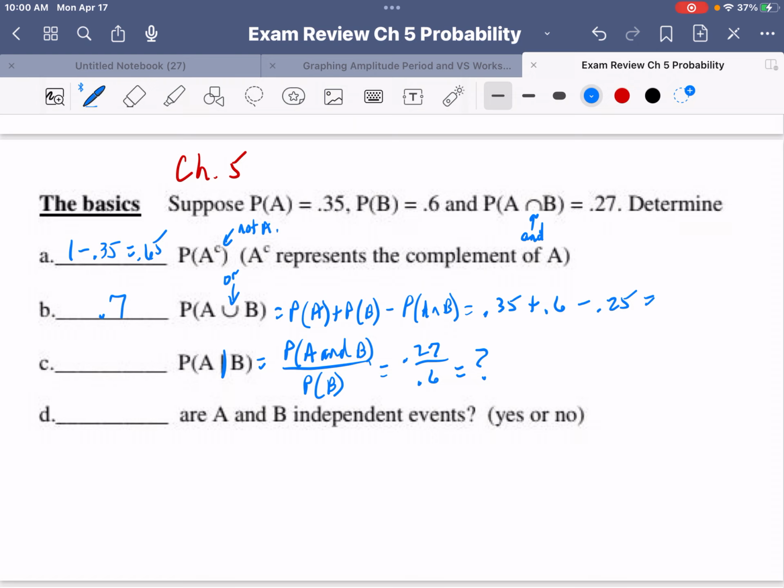Are A and B independent events? I did not review this in the previous review video, so here we go.